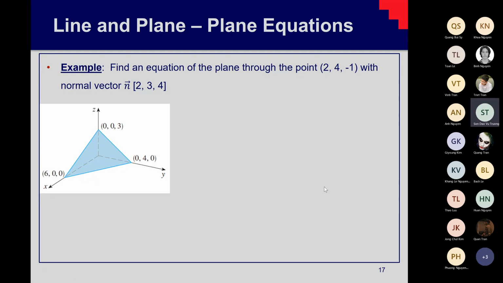So remember that we have the scalar equation for the plane: a(x minus x0) plus b(y minus y0) plus c(z minus z0). Okay, so please use that equation for the determination of a, b, c.